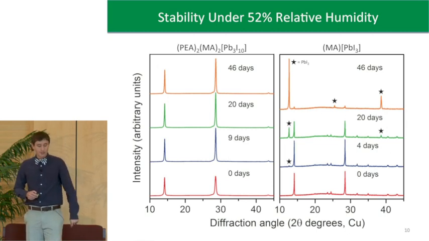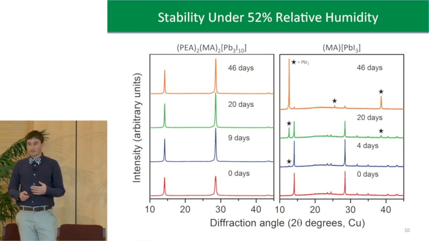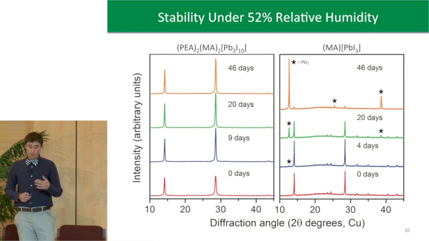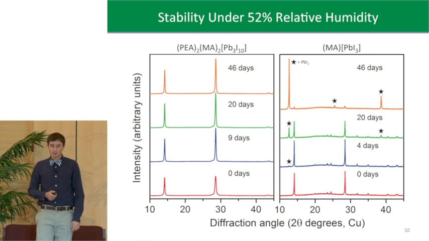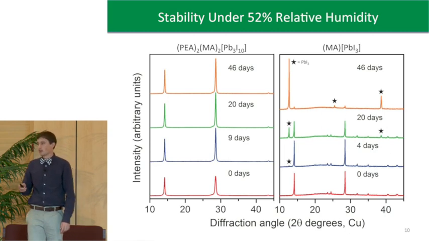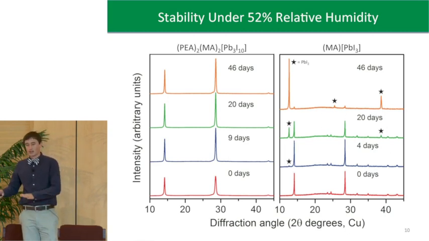However, if you take my material and do the same experiment, after 46 days, it's essentially unchanged. This is very important for solar cells, both during the fabrication and after. You can imagine it would be a lot cheaper for a manufacturer to make a solar cell lineup of roll-to-roll that is under air rather than under nitrogen.